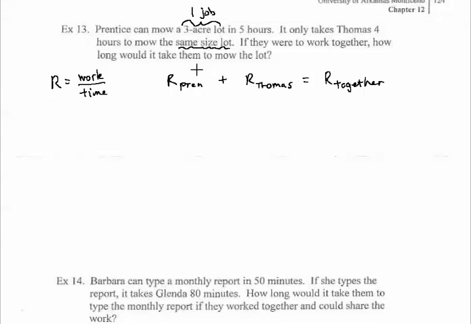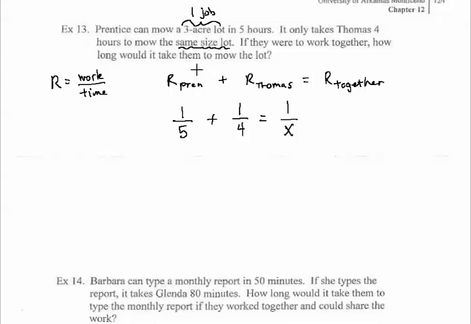One job. So the work of Prentice would be one 3-acre lot in 5 hours. Thomas would be one same size job in 4 hours. He's a little bit quicker. And if they worked together over here on the right and did one 3-acre lot, how long would it take them? X goes in the denominator.